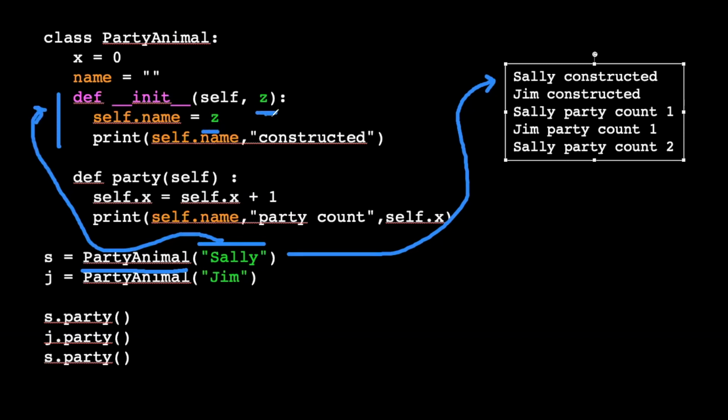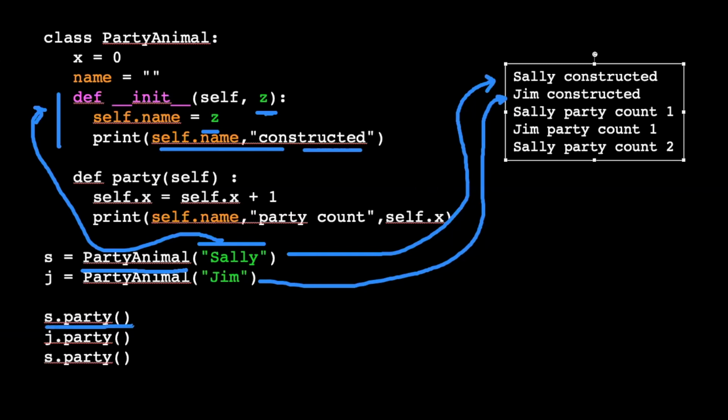So this party name is Sully for this guy. So you'll see S now has been instantiated with an internal name called Sully, and it prints this out. That's why you see the very first line. Jim is the same thing. Jim calls the constructor by initializing self name to Jim, and it prints it, okay?